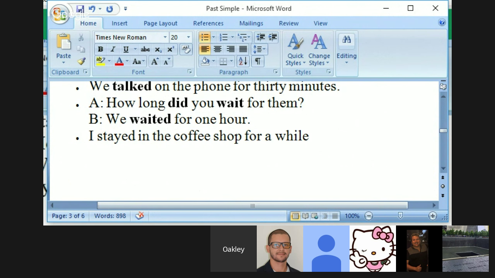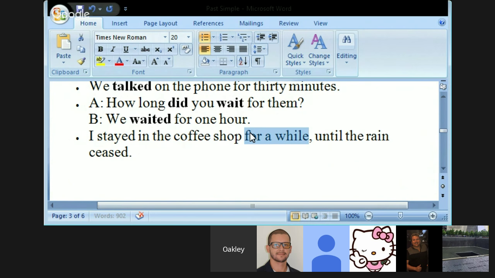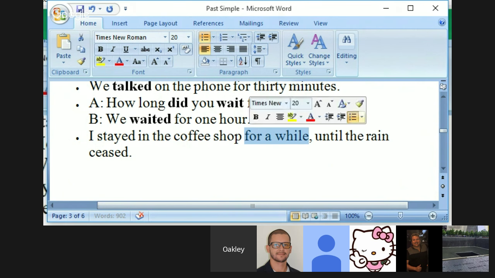I'm sorry, but until the rain ceased, well, all right, I'll add it. But it's not necessary. Actually, I just wanted to point out this is a useful phrase, "for a while," and very common for conversational English speakers. It's very common to use this phrase with the past simple to indicate exactly this, duration, that you were there for a duration.